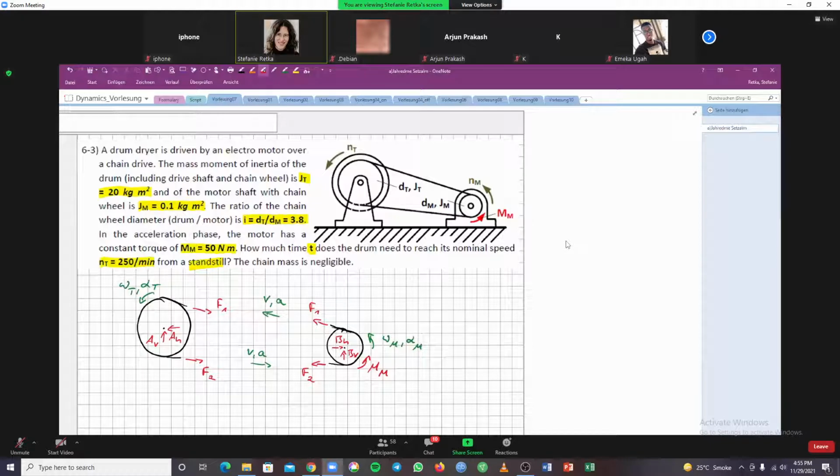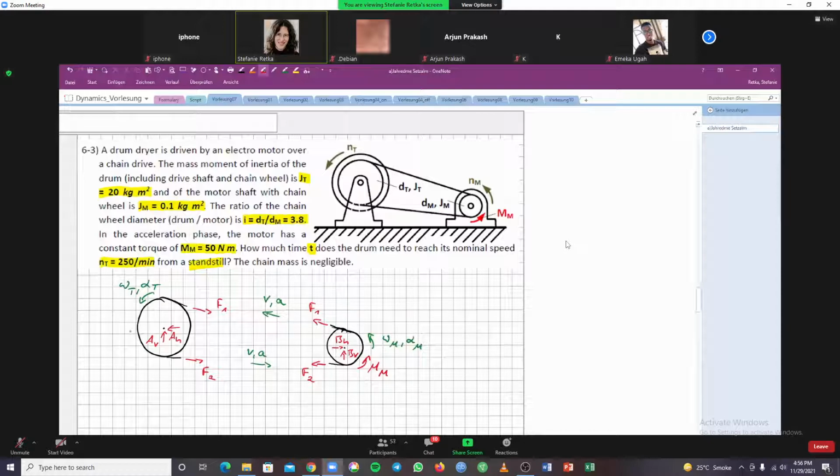Same as for the inertial forces in chapter 4. Our inertial load acts against the change in motion. The inertial force acts opposite to the acceleration, a, and our inertial moment acts opposite to the angular acceleration, alpha.